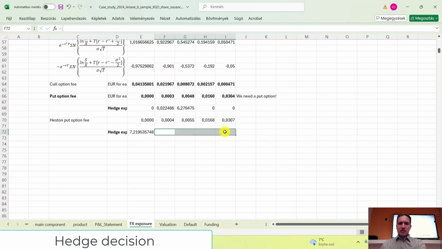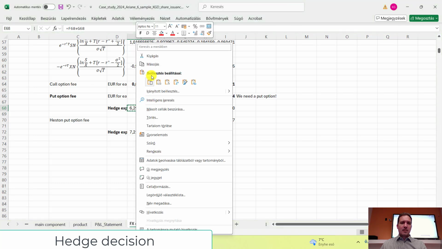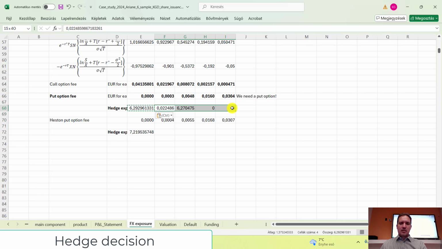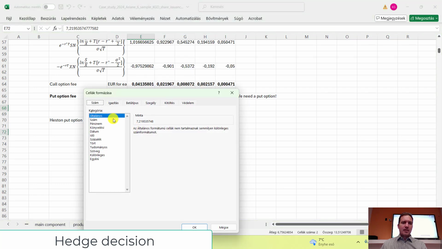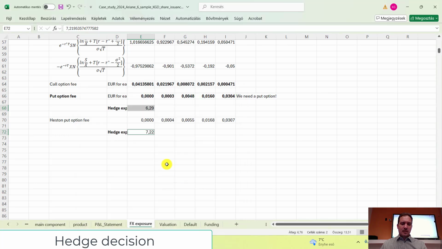Doesn't necessarily, because we know that we summed it up, so this one plus this one. So actually 1 million euros more expensive if we are using the Heston option fee.